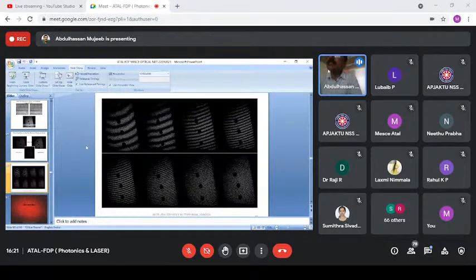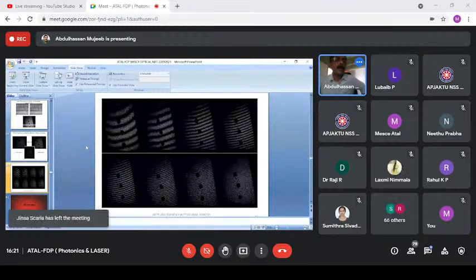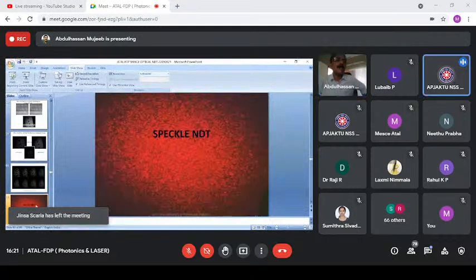So the next step is speckle non-destructive testing. Let me know how much time I have left, or whether we need any discussions at this point, or whether I should shift speckle to the next day with speckle metrology. Dr. Sunish or Dr. Shine? Participants, do you have any discussion?